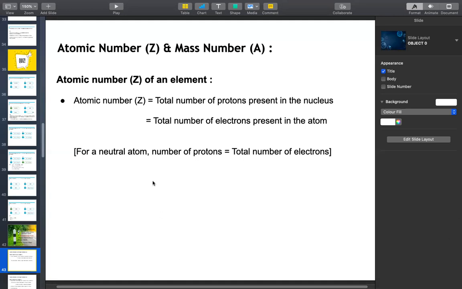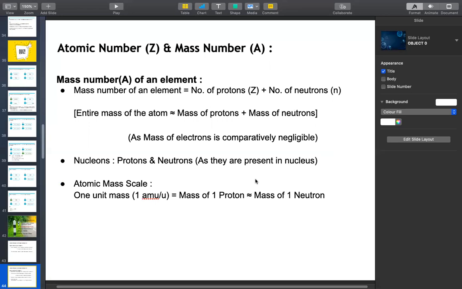Okay, fine. So atomic number is the number of protons, which equals the number of electrons in a neutral atom. Mass number is because of protons and neutrons. Mass number is the number of protons plus neutrons. For the entire mass of an atom, we neglect the mass of electron, because the mass of electron is negligible compared to the mass of proton and neutron.